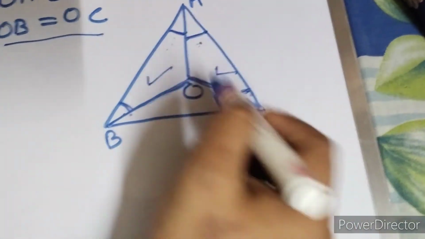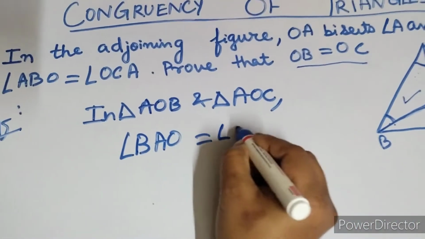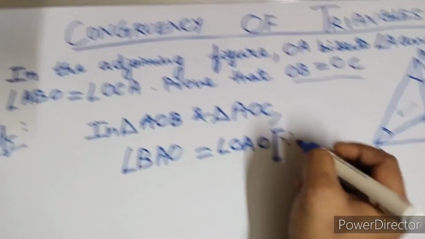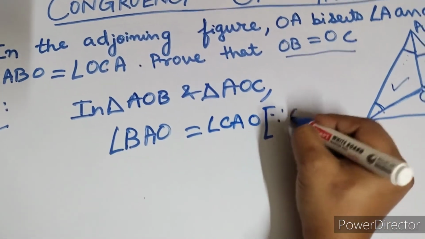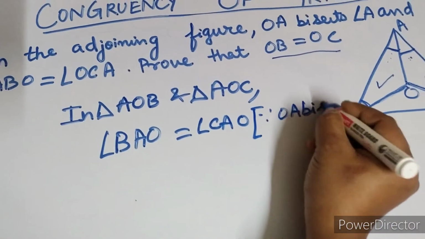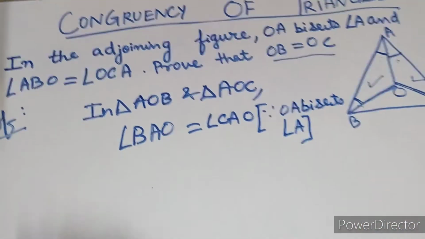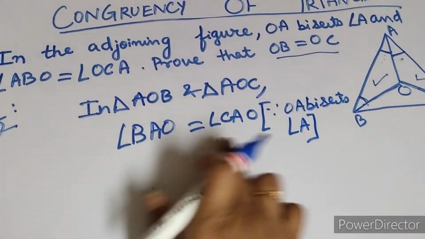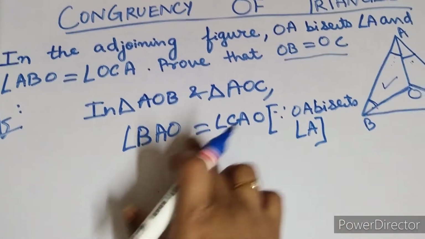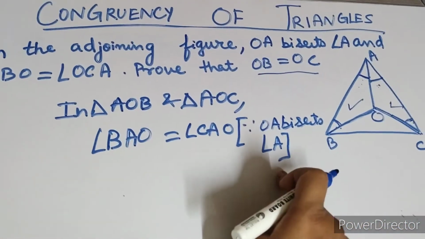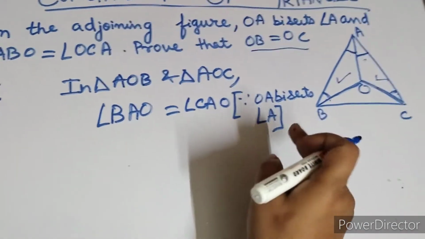Why is it equal? Since it is given OA bisects angle A. You have to write one property, whatever is equal, and then also you have to write the reason behind it, why they are equal.